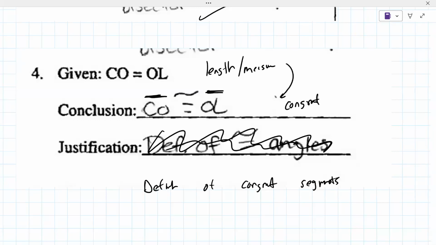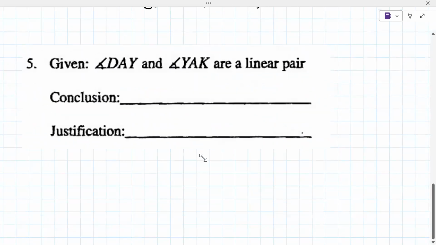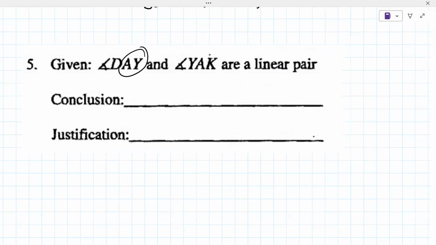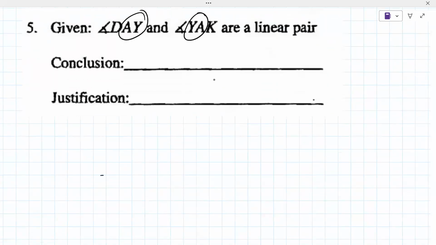All right, so on to some new stuff here. Angle DAY and YAK are linear. Okay, so you've got to look for the overlapping letters. That's important there. So let's draw a straight line.